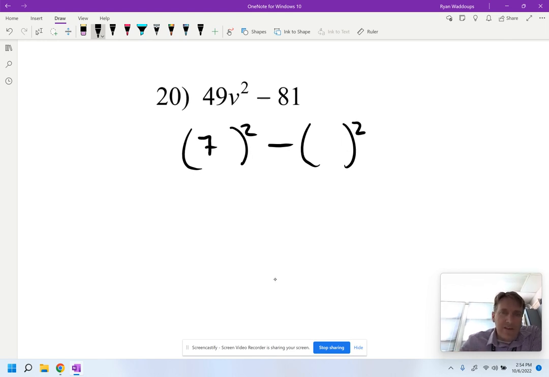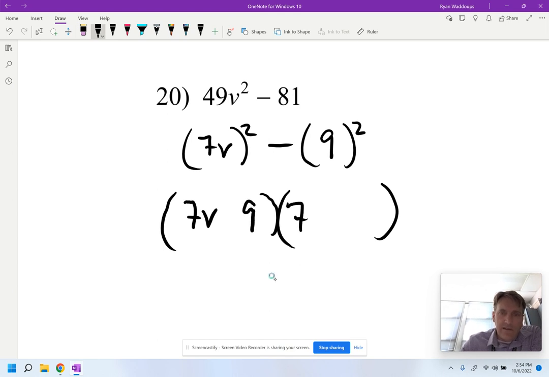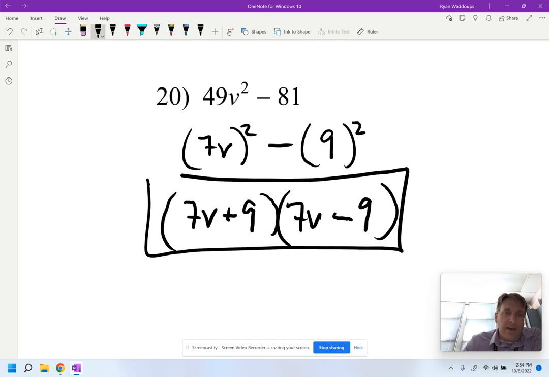And this would be 7v, and over here, 9, because 9 times 9 is 81. And so our factors are 7v and 9, 7v and 9, plus and minus, or minus and plus, it doesn't matter. The order of the factors doesn't change the result.